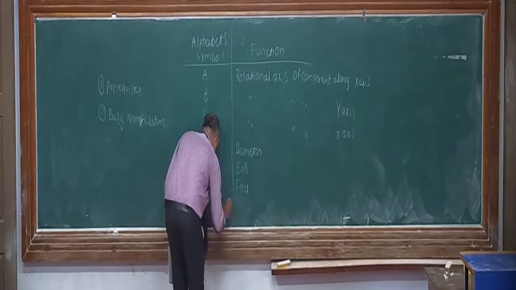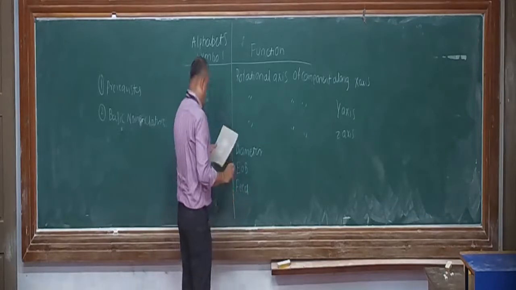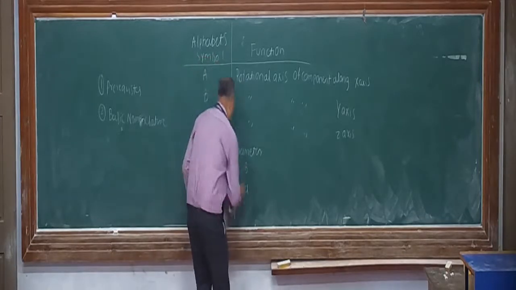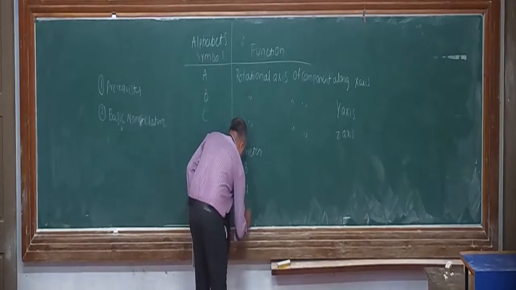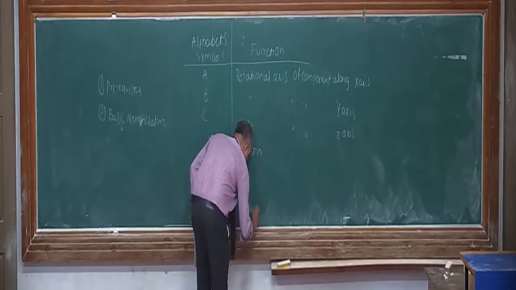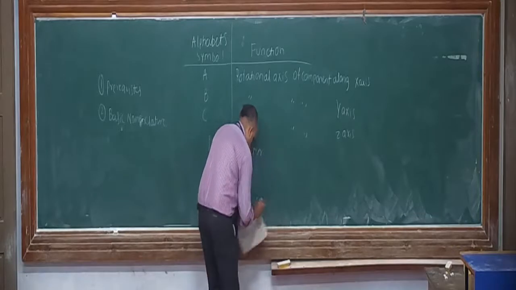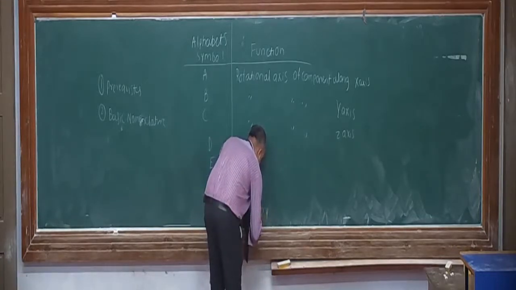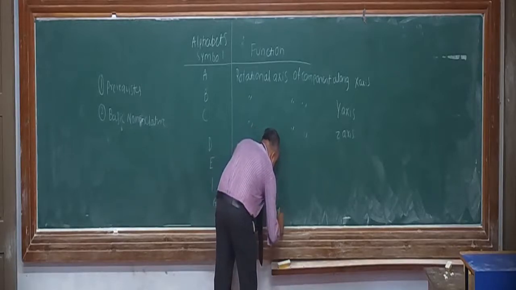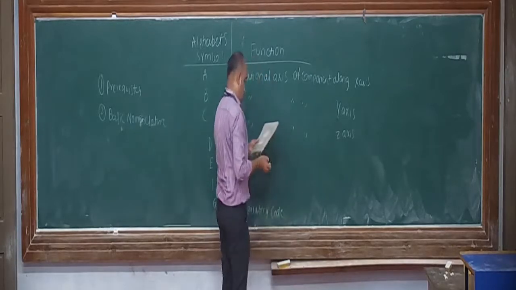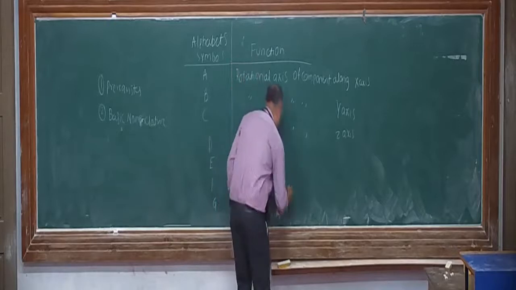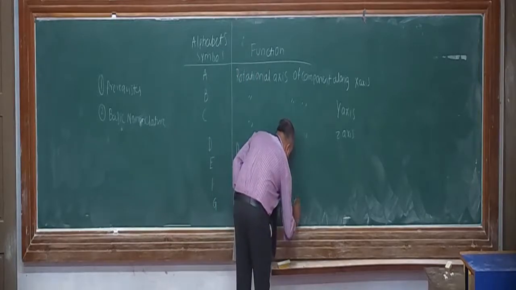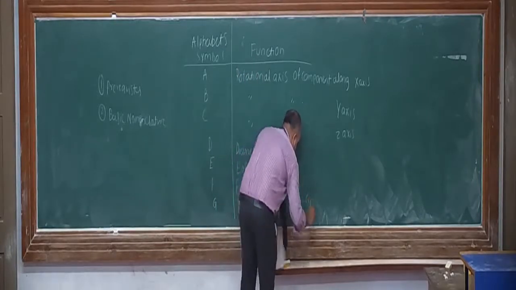G is one of the important things which you should know, that is called the preparatory code. In the preparatory codes, they go from G00 to G99.